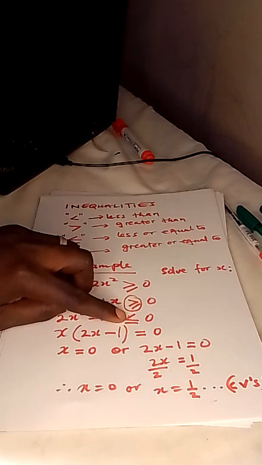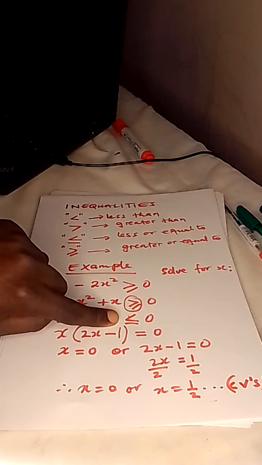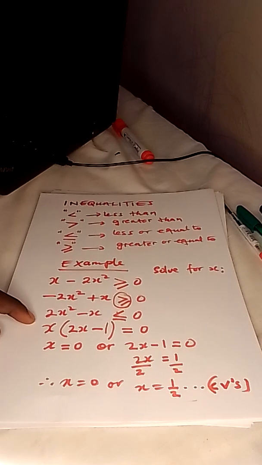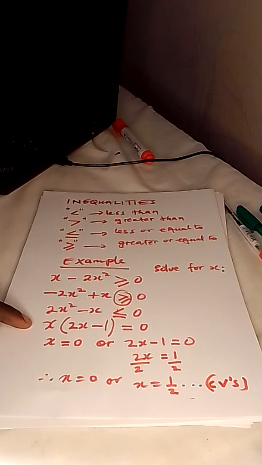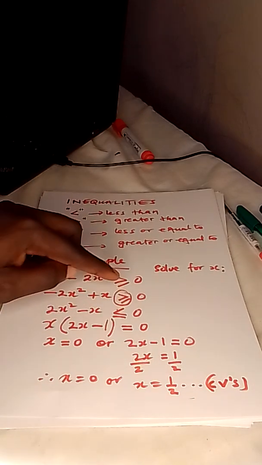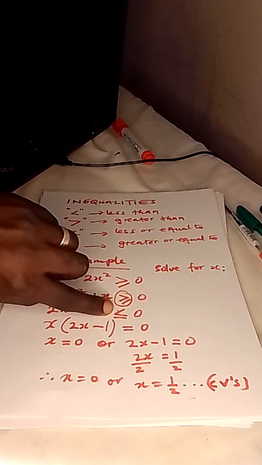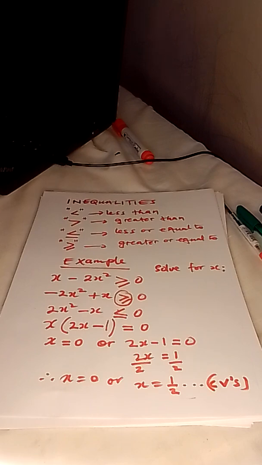Why are we introducing this less than or equal to 0? The reason is simple, because we divided by a negative number. In an inequality, when you divide by a negative number, the sign changes. So it will turn from greater than or equal to, which was originally given, to the opposite sign, which is less than or equal to.